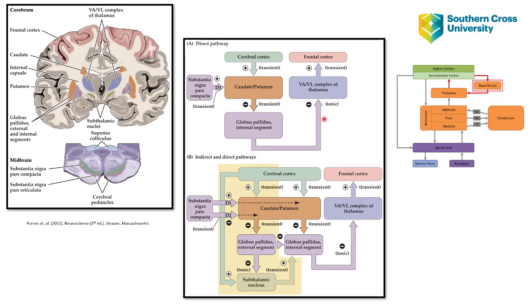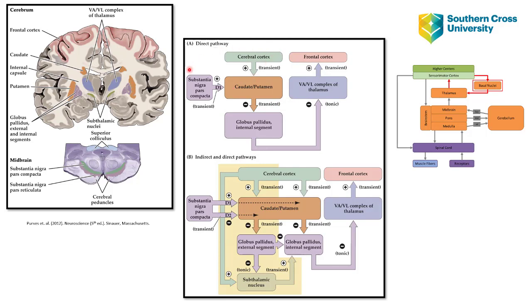So it's tonically firing, going bang, bang, bang, bang, bang onto our thalamus. If we are inhibiting the thalamus, we then reduce the amount of excitatory drive back onto the motor cortex in the frontal lobe. If we're reducing the amount of excitatory input, then we're obviously ramping down. But that's not what the direct pathway does.